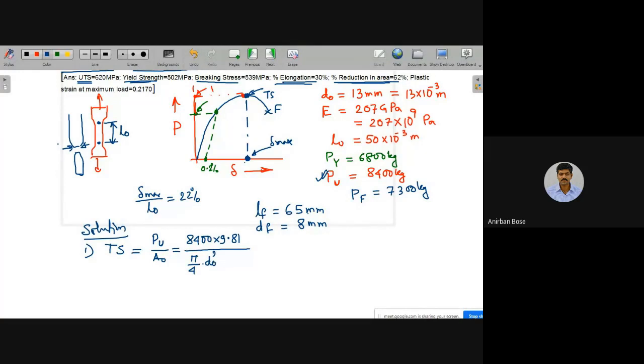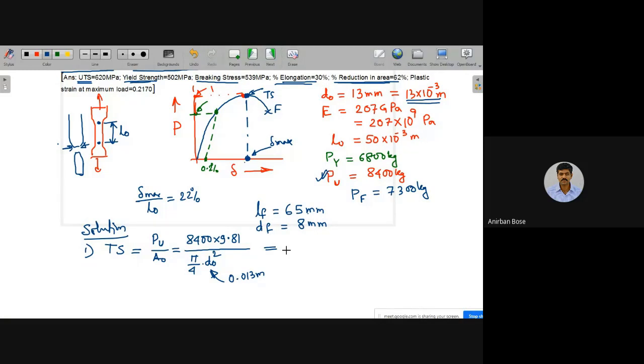The initial diameter is known to us, that is 0.013 meter. Just put that value, then the answer will be in Newton per meter square, and do the calculation.